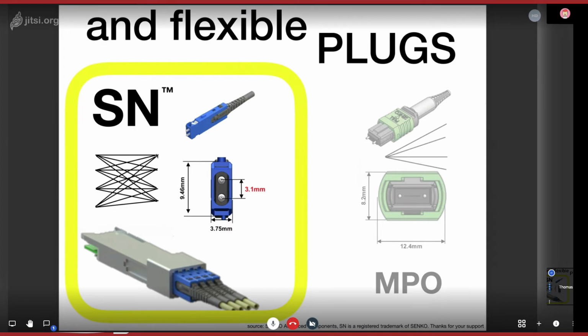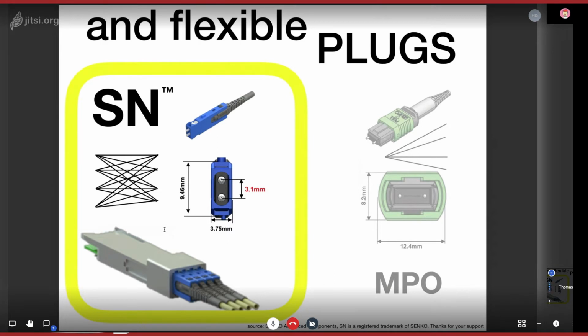With that SN plug, this won't happen, because this nice matrix, which is a nice drawing, gives you the capability to build a full mesh on the transceiver side itself, and you can even unplug a single span. That's quite helpful.